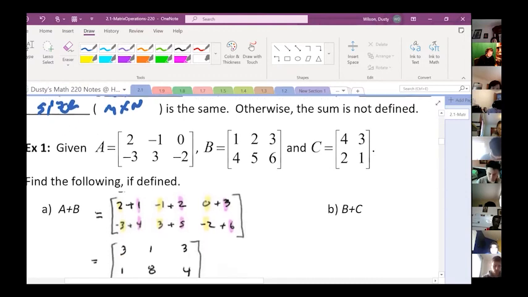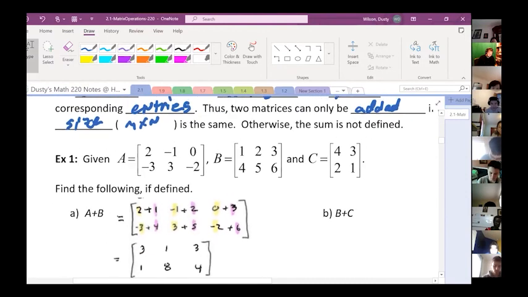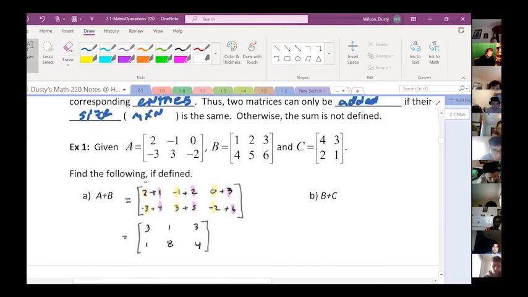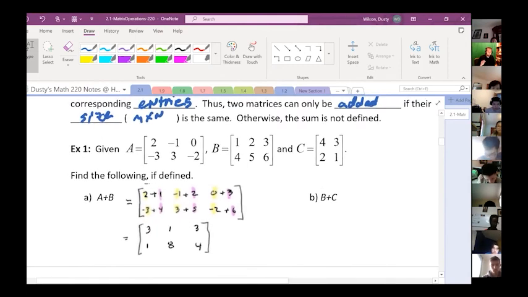So, for example, if you have your A's, which are here, and you want to add them to your B matrix, which is kind of pinkish, then all you're doing is taking the corresponding entries and adding them.